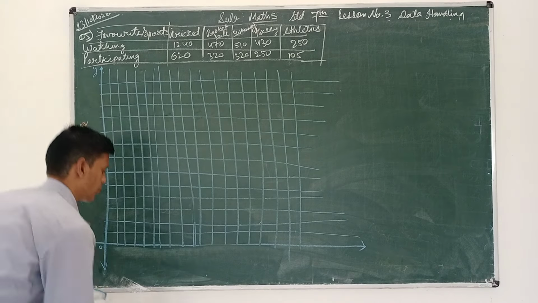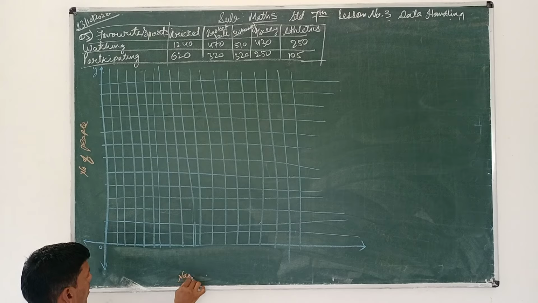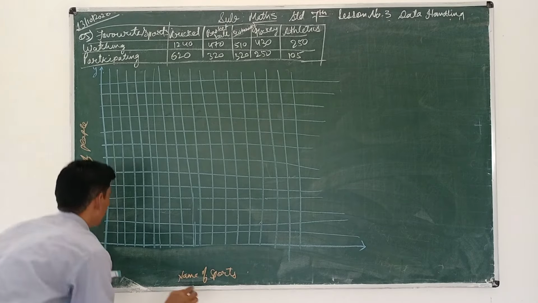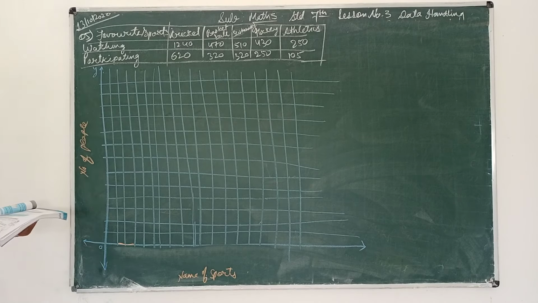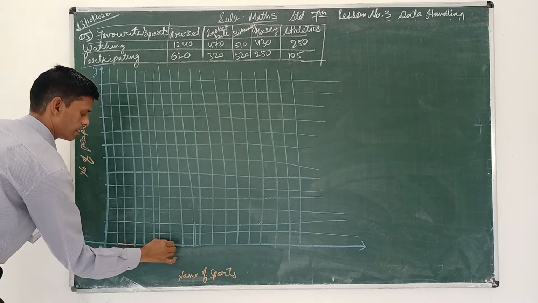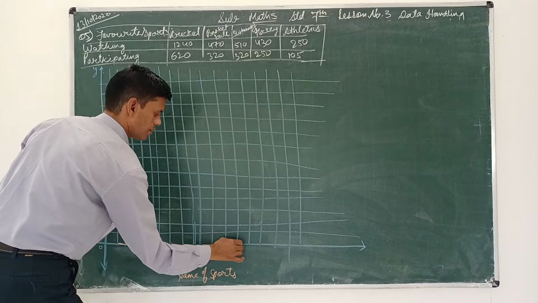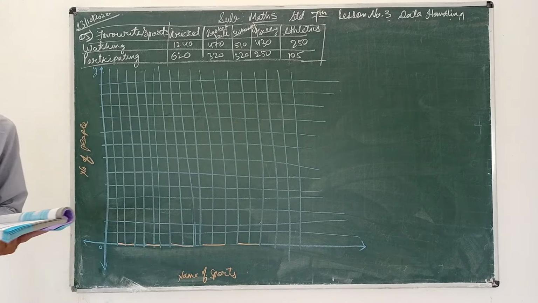Here, name of sports. Okay. First one, second, third, fourth, fifth, like this. Okay.